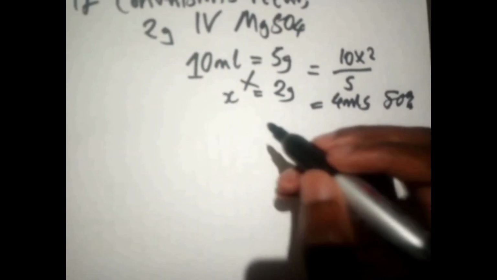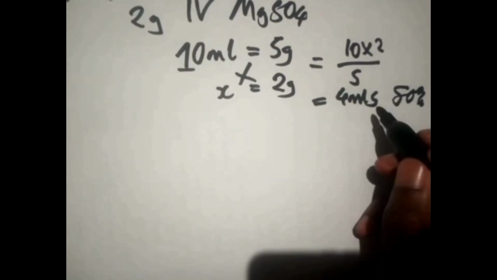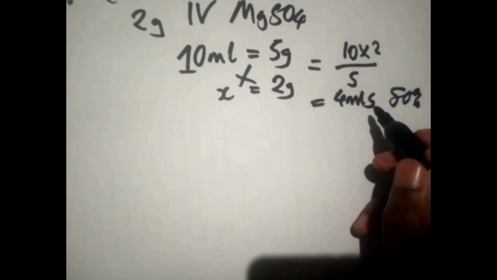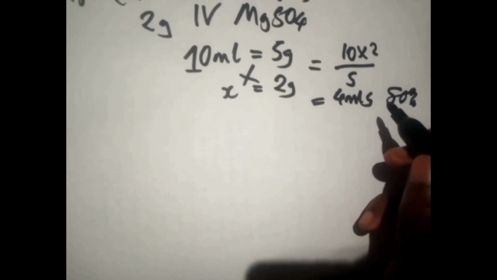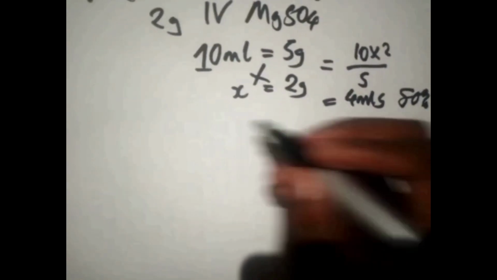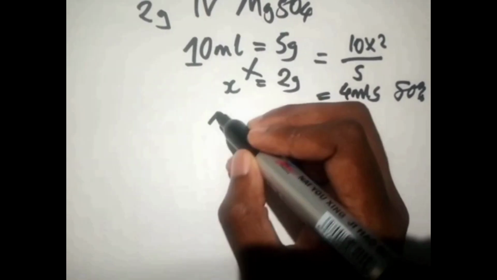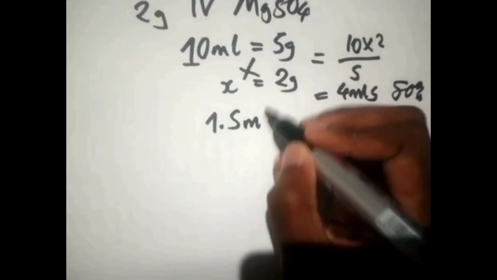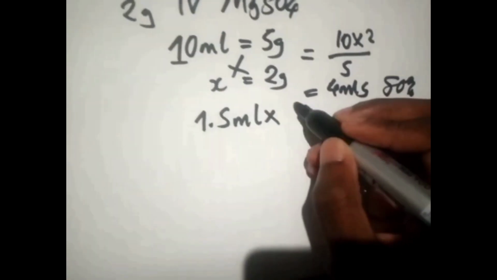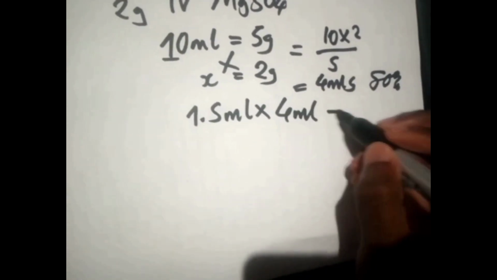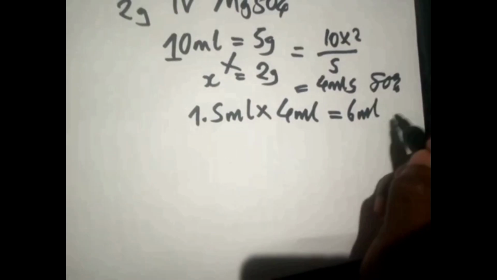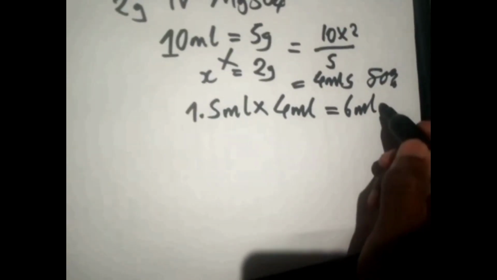For every mil of the 50% magnesium sulfate, you have to multiply by 1.5 mil of the solution we are going to dilute it with. So in short, 1.5 mil times the 4 mil we got is equal to 6 mils.